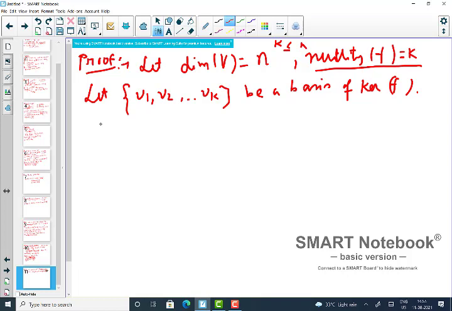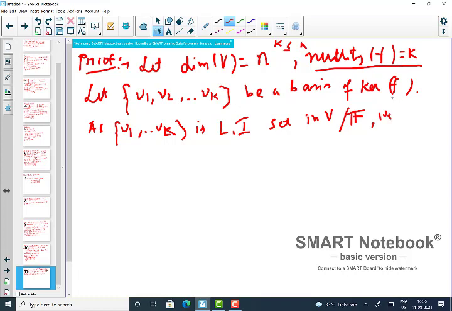As v1 to vk is a linearly independent set in V over the field F, we extend it to a basis.